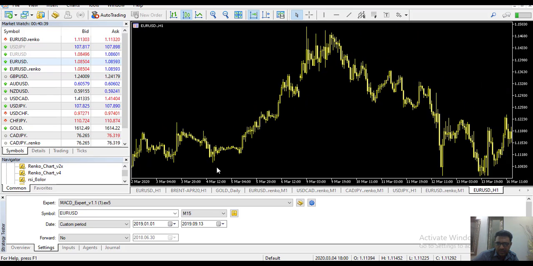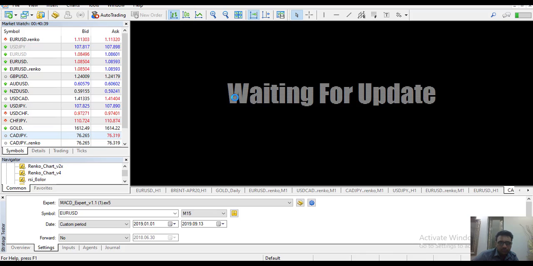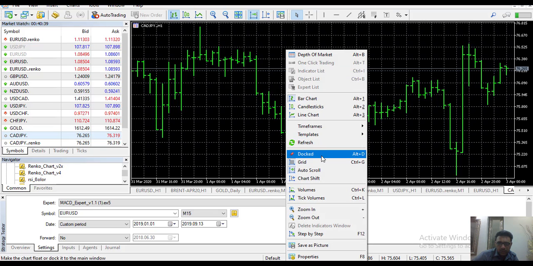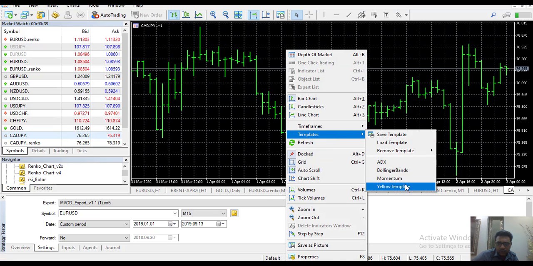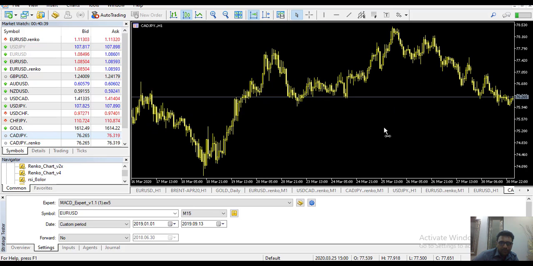Let's look at another example. Any example we can see. Okay, let's look at CAD JPY. Yellow template. Okay, here you can see.